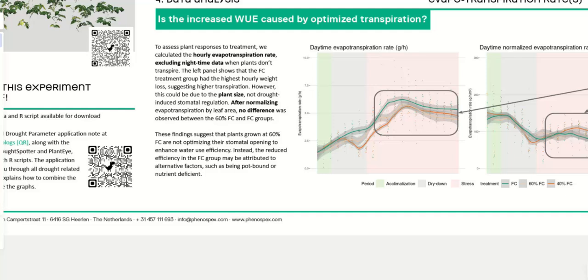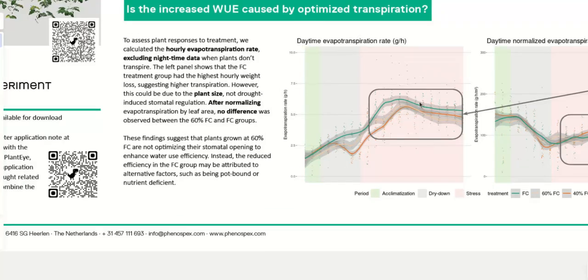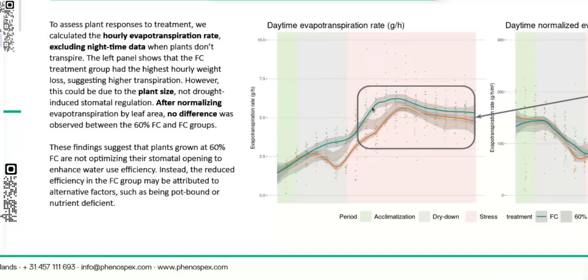Since the plants did not transpire during the dark, we only focused on the daytime measurements. In the panel here on the left, we observed the plants grown at full field capacity. They lost the most water at every hour of the day. Indicating these plants transpired the most.